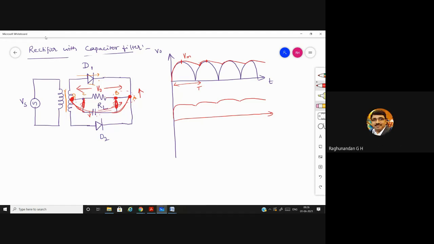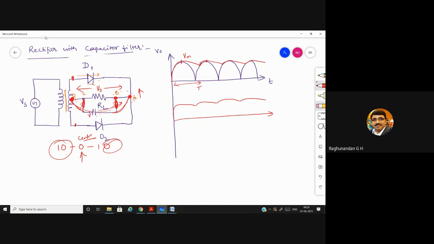I was telling, see, between these two it is V naught, right? What will the voltage be at the center tap? Zero, right? Because the transformer ratings will be given like this. Zero indicates the center tap voltage. Ten means the voltage across this, and this ten means the voltage across this. Okay, 10, 0, 10. So this is how rectifiers work with a capacitive filter.